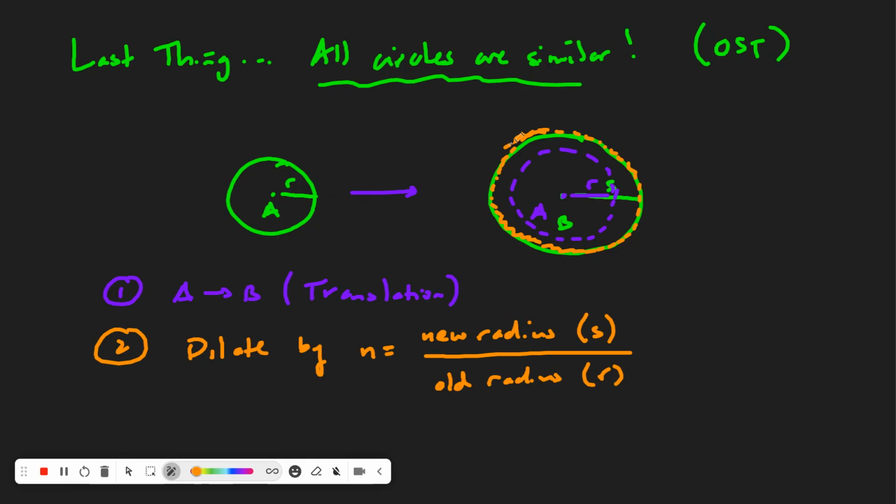They're all circles. They're just different sizes. That's why we have to dilate with the radii.